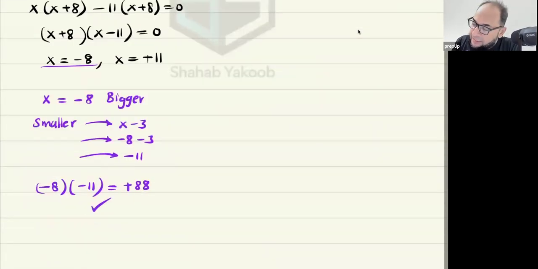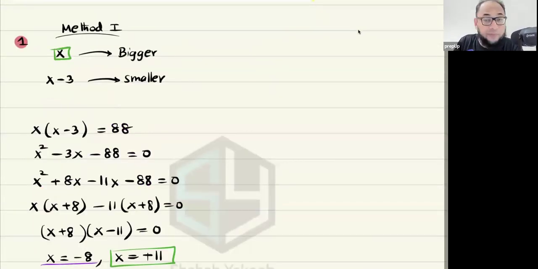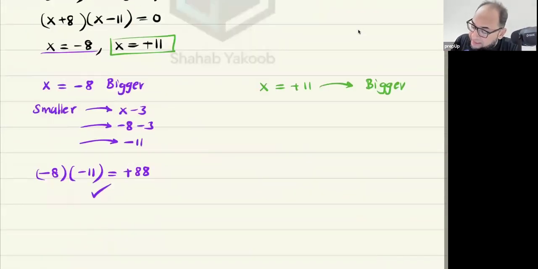The next thing, if I choose x to be positive 11 and x is the bigger one, that is what we have decided earlier. Based upon that, we said x minus 3 is the smaller one, which is 11 minus 3, which is 8.